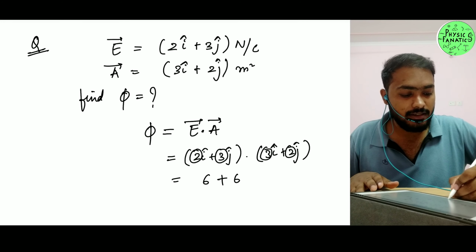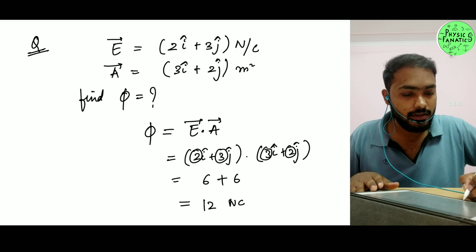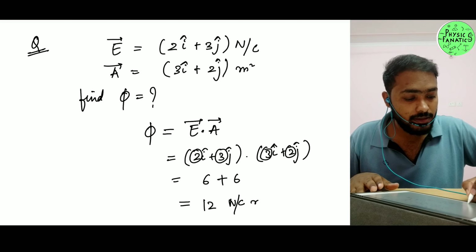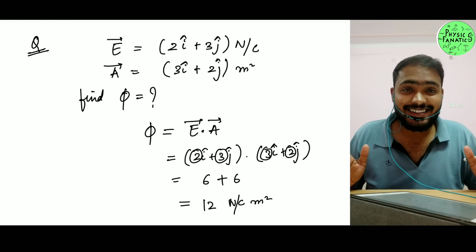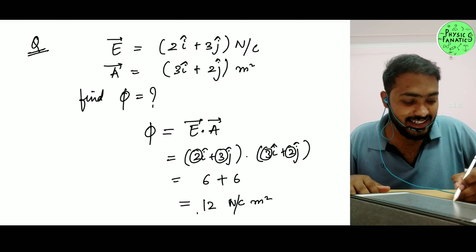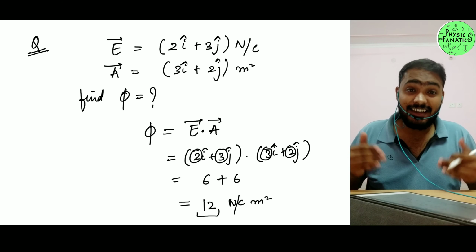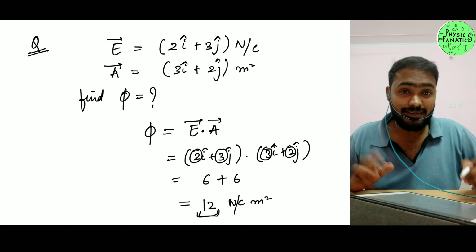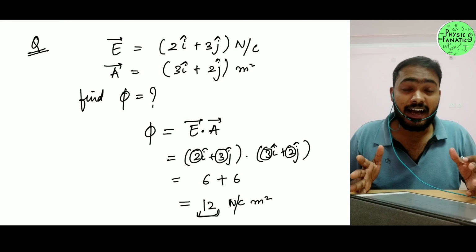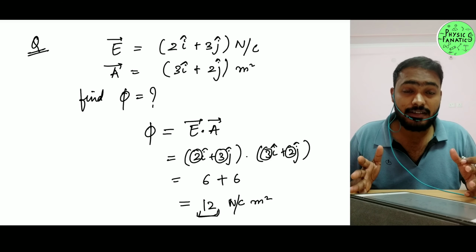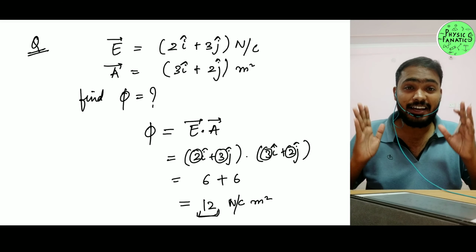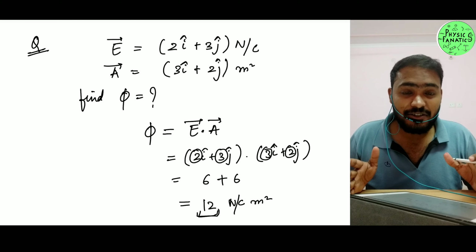So 6 plus 6, the value is 12 Newton per coulomb meter square. So you can see that although E and A are vectors, you are getting a number: 12 electric field lines are passing through that surface perpendicularly. I hope that is clear to everyone.